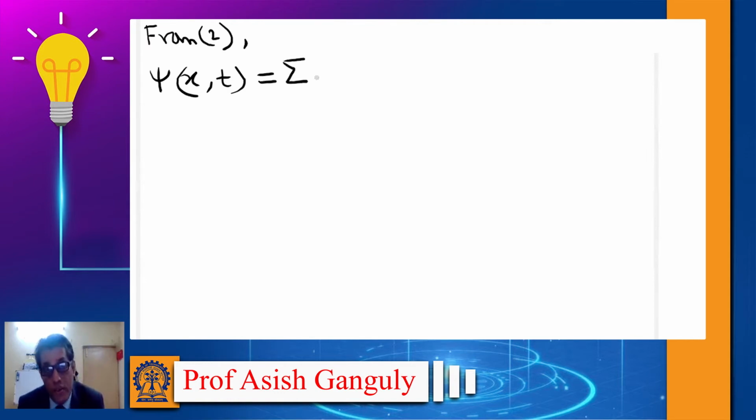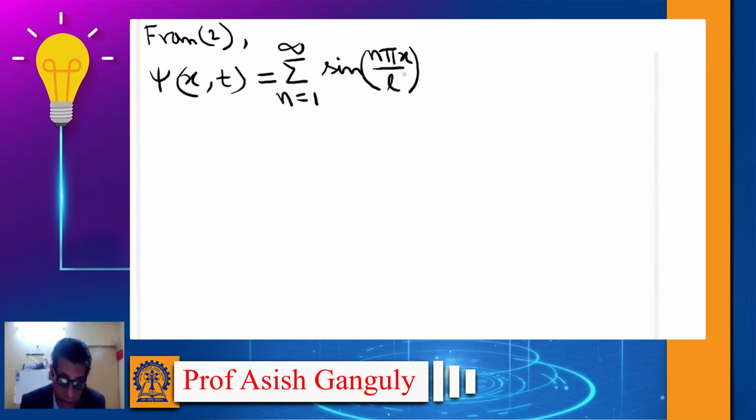Why summation? This is from the principle of superposition that I discussed before. Over all k, you have to take a summation. Since k is taking discrete values, and it is labeled by n, n is going from 1 to infinity, summation. And then there will be a factor here, sine n pi x by L.